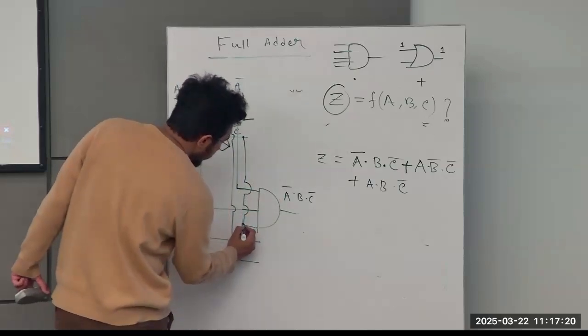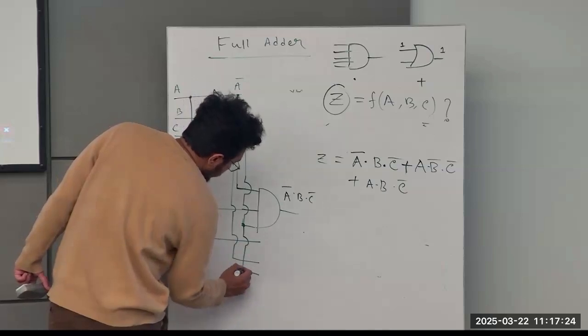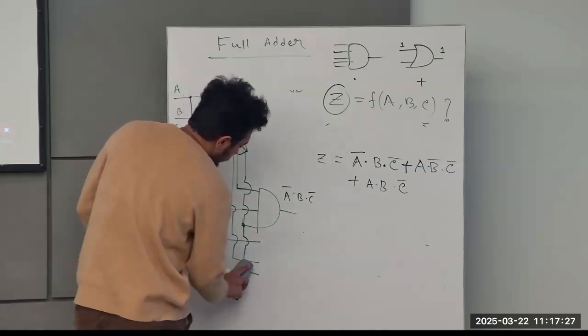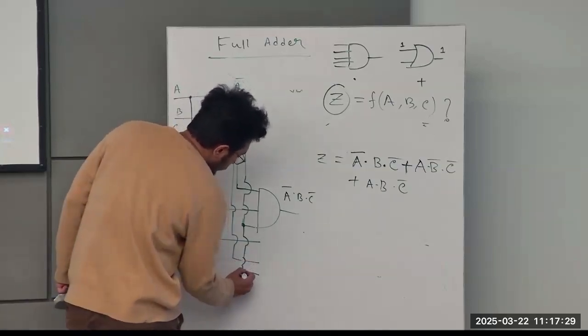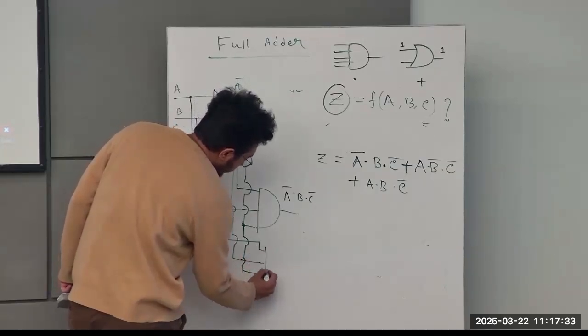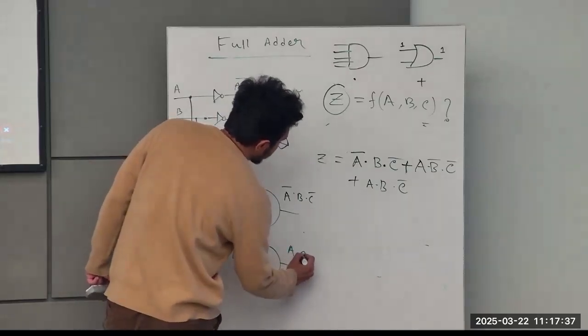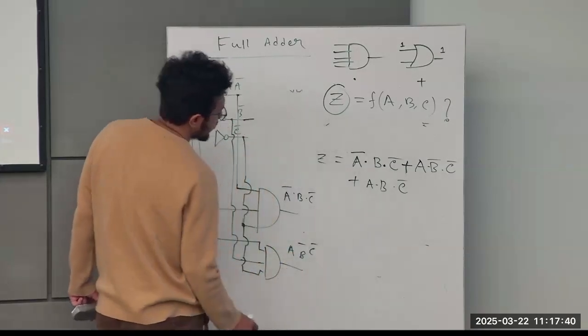So we can take it, replace C naught from here. Okay. This is another AND gate. This is our A, B naught, C naught.